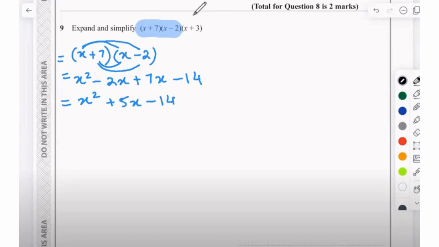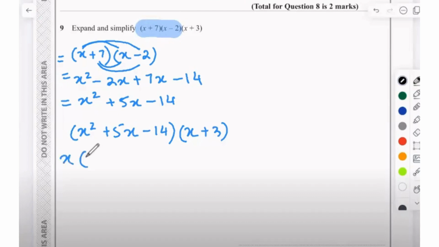Now, next, what we're going to do is multiply this with the third bracket, which is (x + 3). So (x squared + 5x - 14) times (x + 3). In this case, we're going to multiply x with all of the terms in the first bracket, then plus 3 with all of the terms.